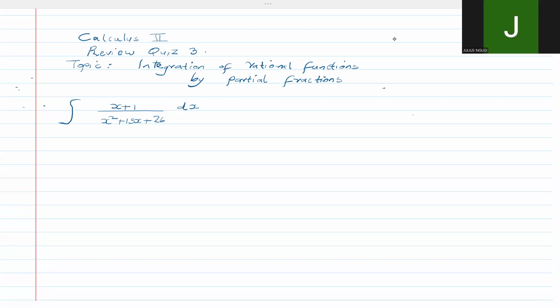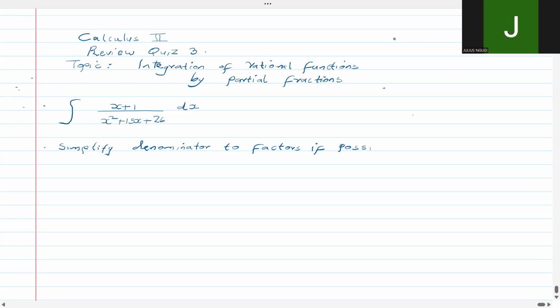This is review quiz 3. So it's integration of rational functions by partial fractions. We start by simplifying the denominator in terms of factors, if possible.